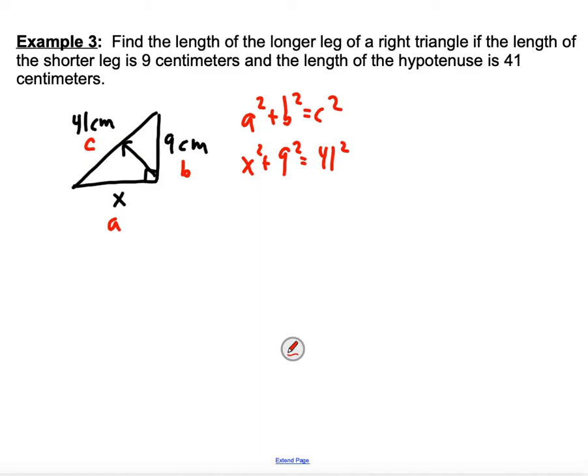Now do your computation. Go ahead and find out that 9 squared there is 81, and 41 squared is 1,681. Now you have to get the x squared by itself, so you need to get rid of the 81. It's adding 81, so we have to do the inverse of that, which is subtract 81.